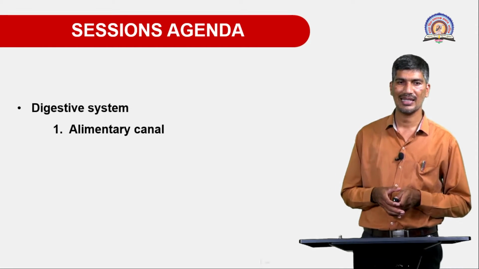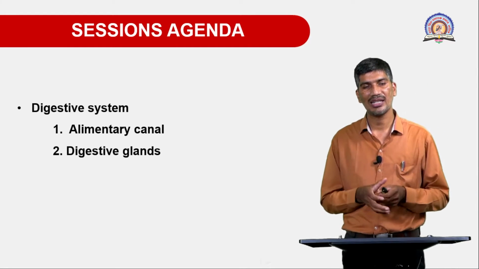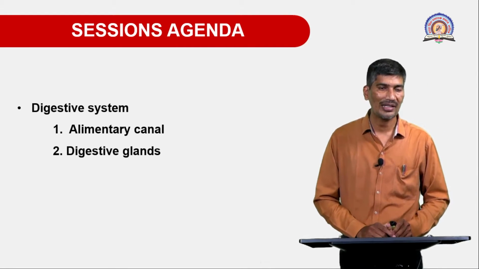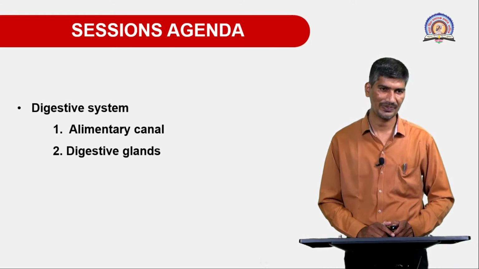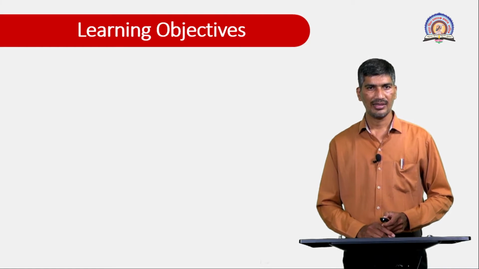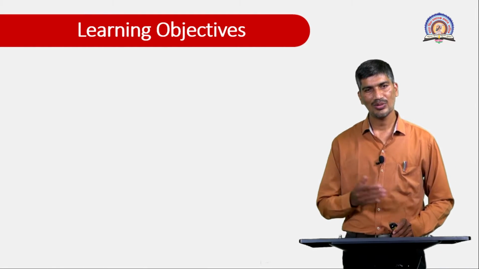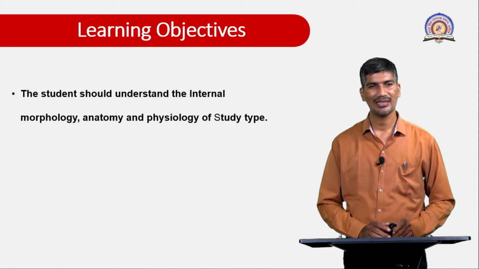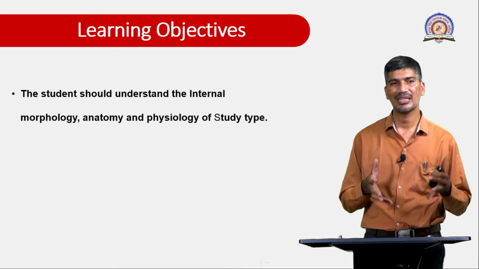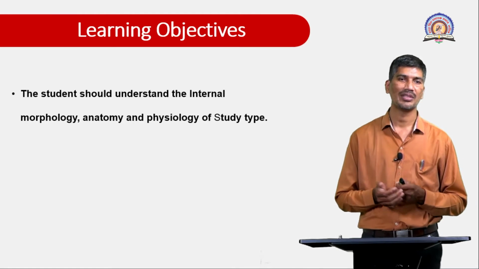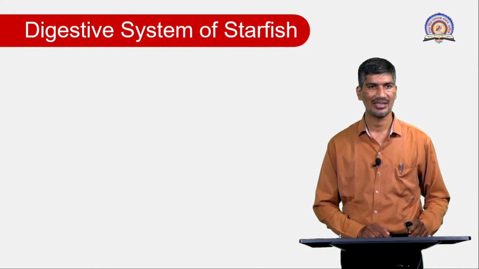The first is the alimentary canal, and the second is the associated digestive glands, which actively participate in digesting the food material in this organism. In this lecture you get information to understand the internal morphology, anatomy and physiology of the starfish.